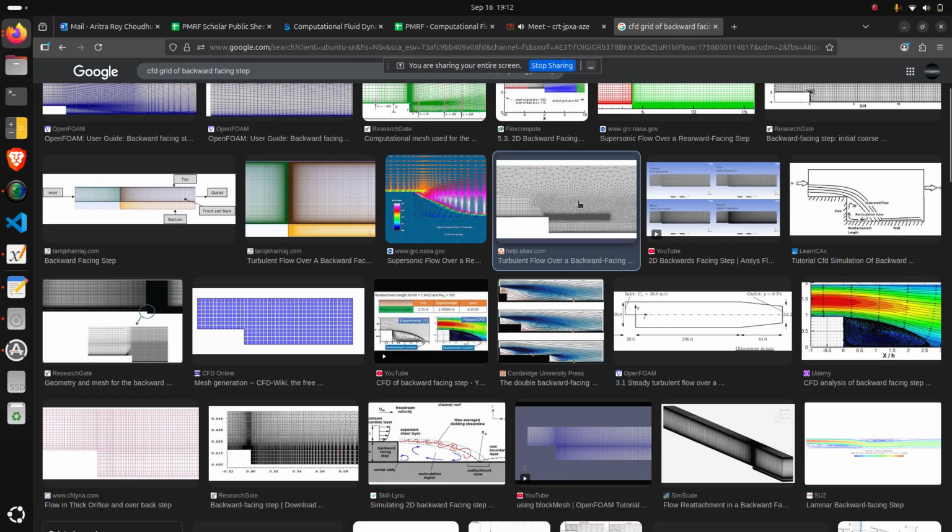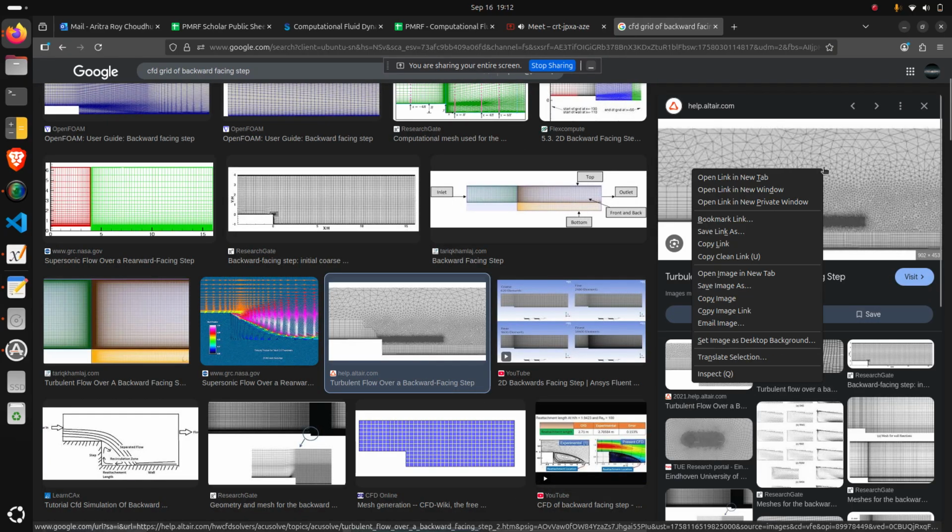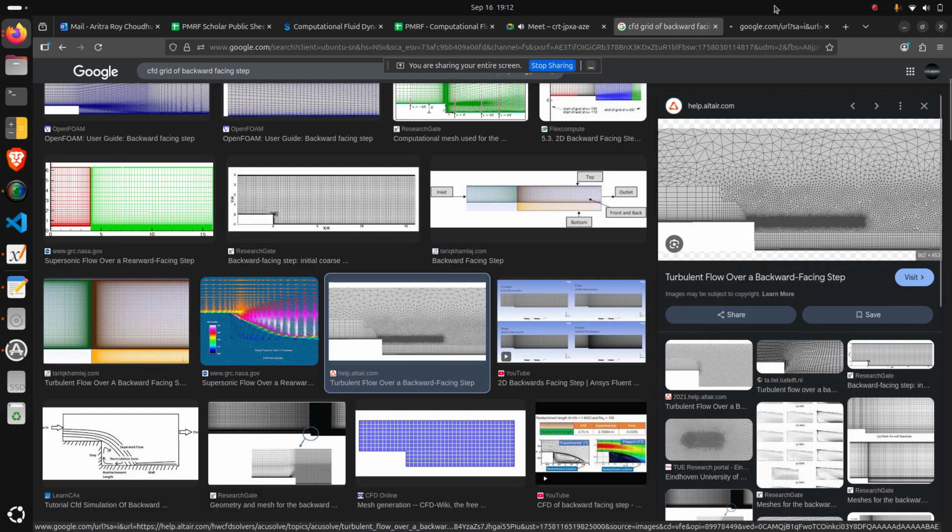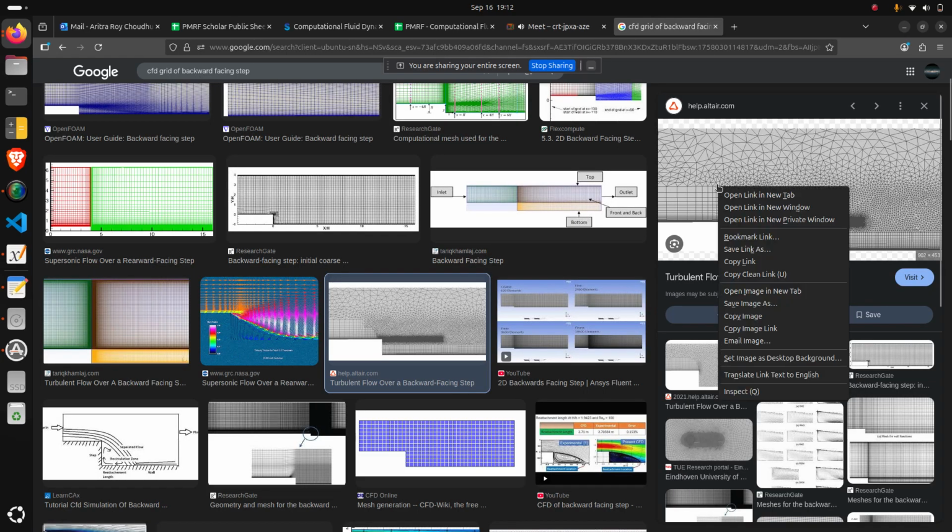Okay, yeah, so this is a good example. It has both types of meshes actually.